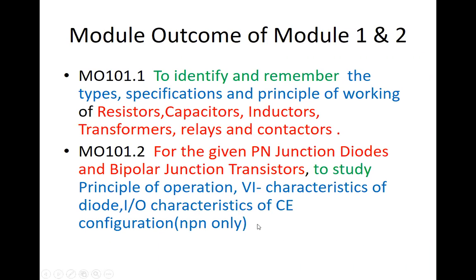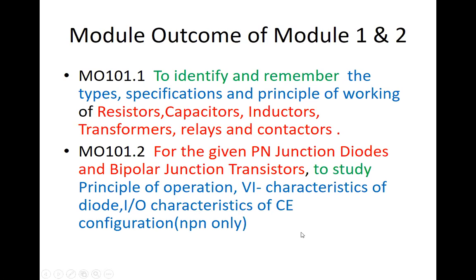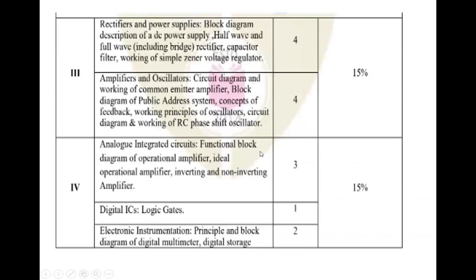If I go over these two module outcomes, I still cannot say that I have transferred some skills to the students. So I am still waiting to write my course outcome 1. Even now, I cannot say that there is a specific skill that I have given to the students. So let me go to module 3.